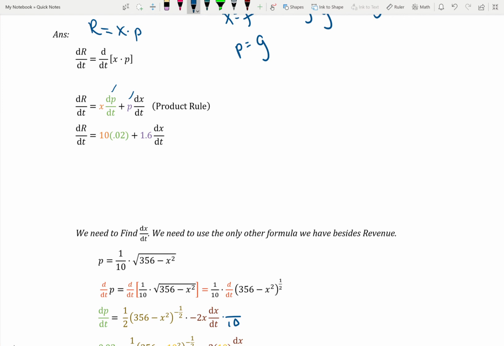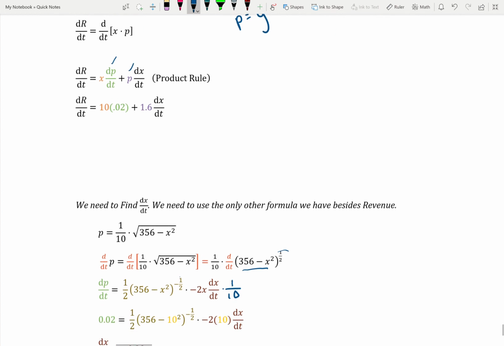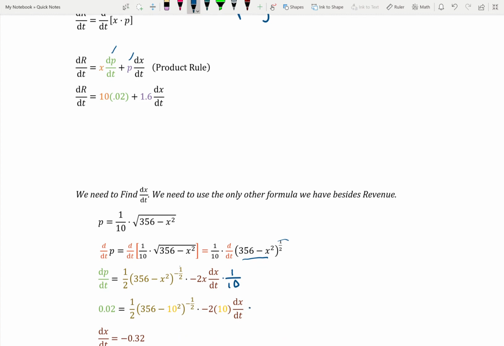This brown part right here, that's me dropping this exponent and taking 1 away from it. And then this maroon part is me doing the derivative of the inside function. And then I forgot to multiply by 1/10. So again, I forgot to multiply everything by 1/10.